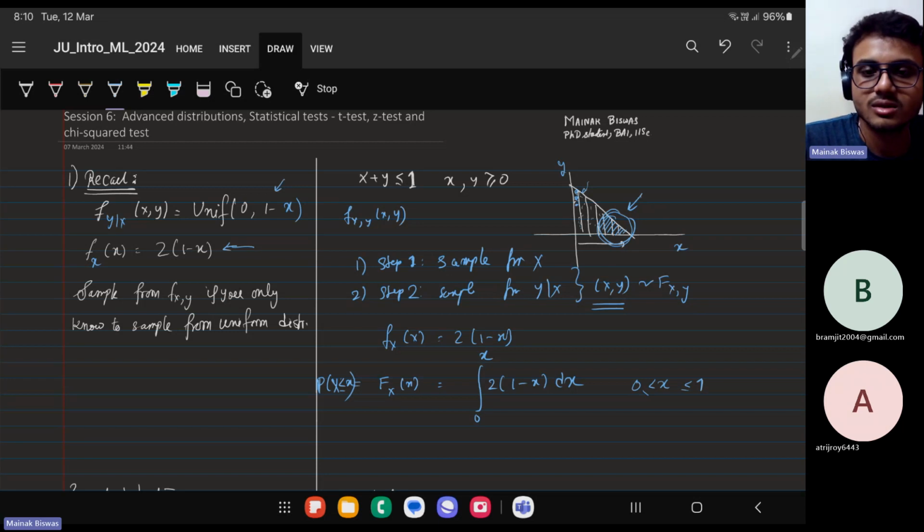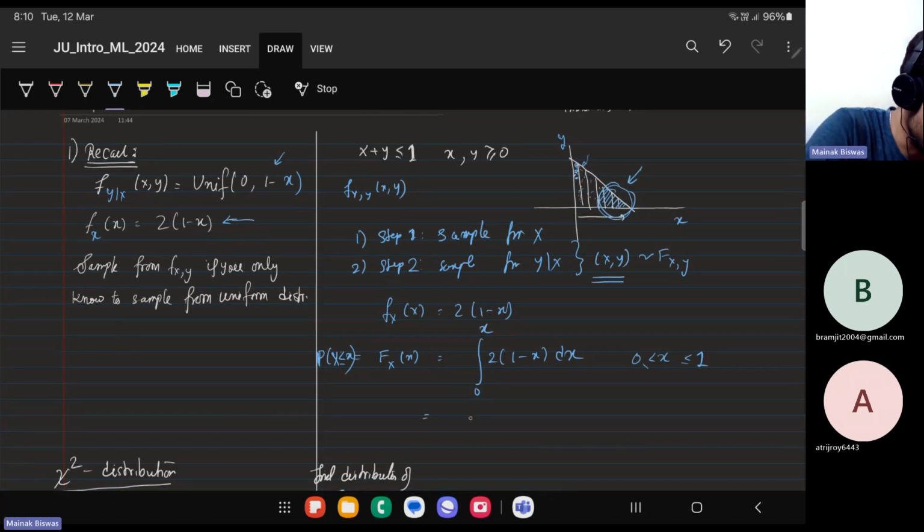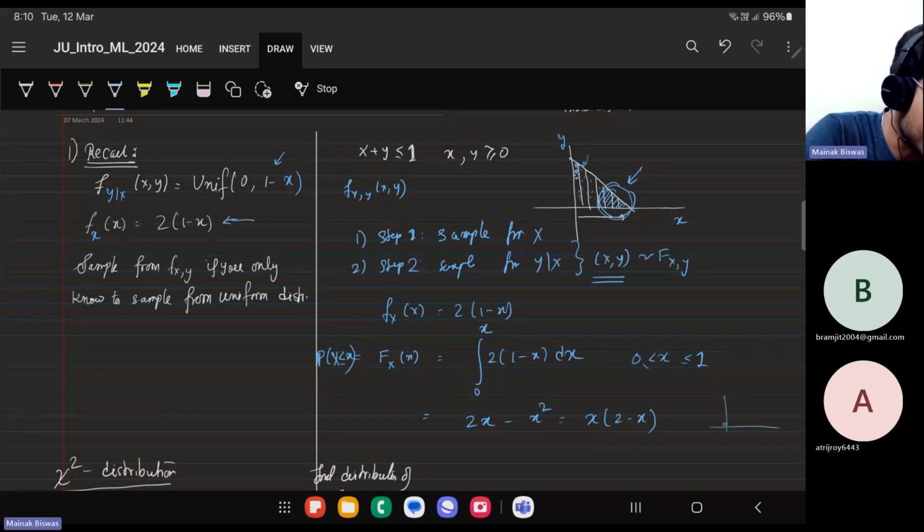Do you agree with me? Yes. So what will I get? This will become 2x minus x squared by 2 into 2. So this is x into 2 minus x. This will be your CDF, and x is between 0 and 1.